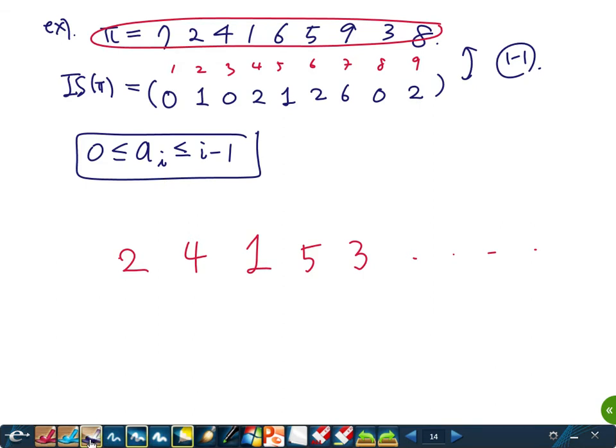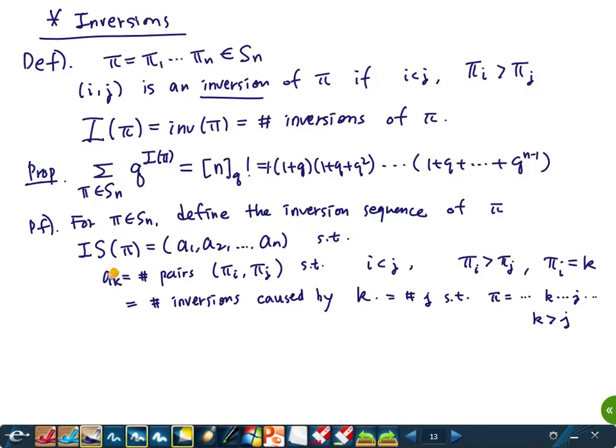So, this is it. This is a permutation. So the inversion table map IS is a map from the set of permutations to, let's say, the set of integers from... okay, this is not a standard notation, let's just use a curly brace.